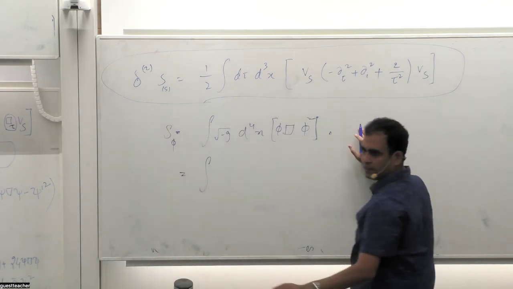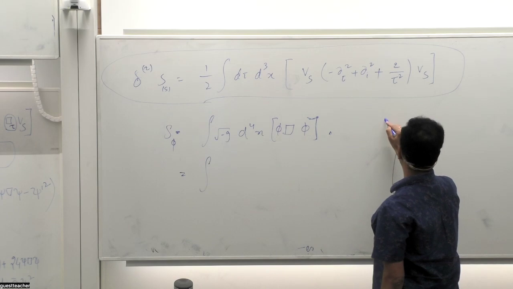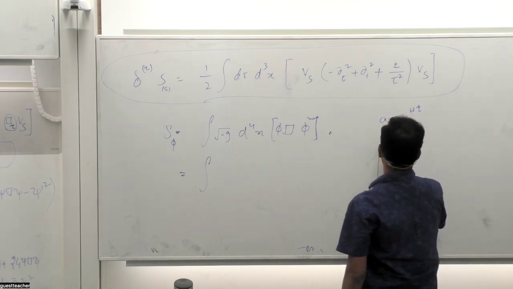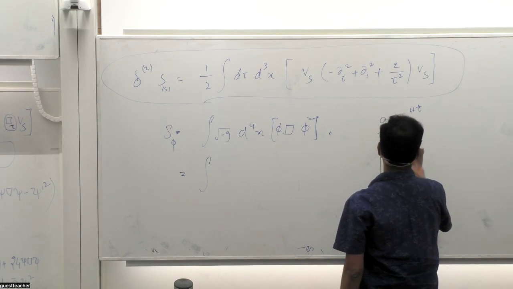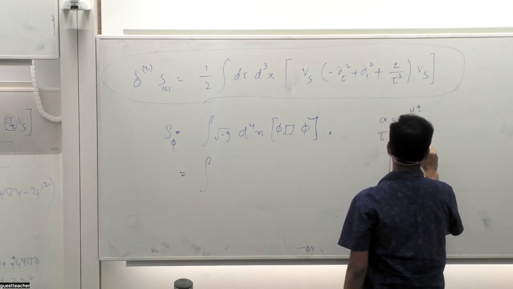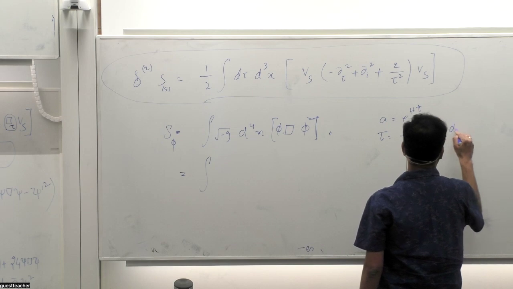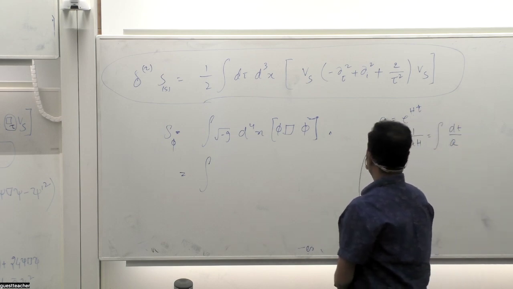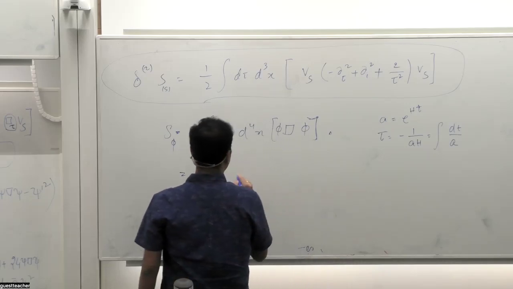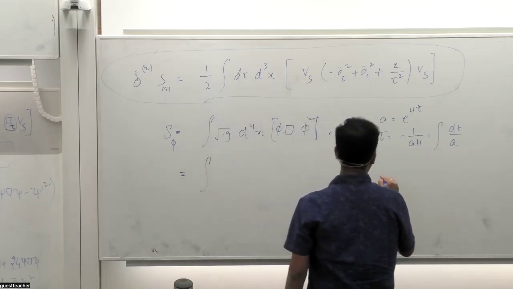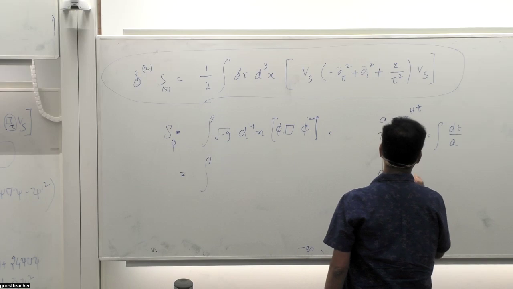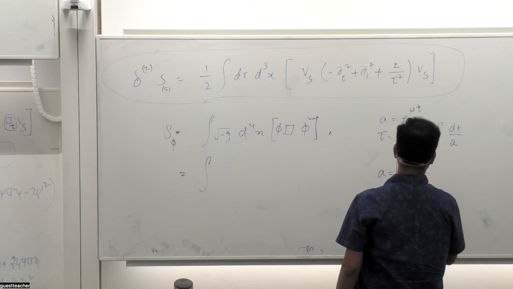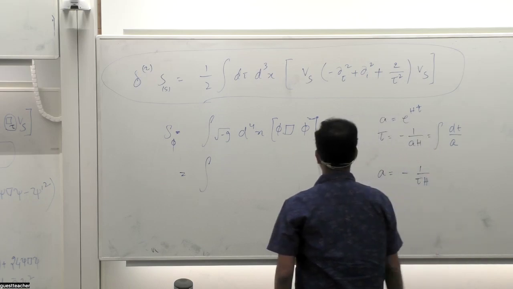We are taking the de Sitter case. In de Sitter, the scale factor is exponential of Ht, and in conformal time you get a of tau equal to minus 1 over H tau. So in conformal time, the scale factor is written like this.